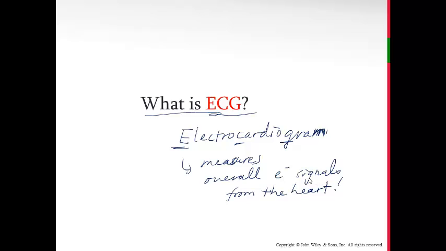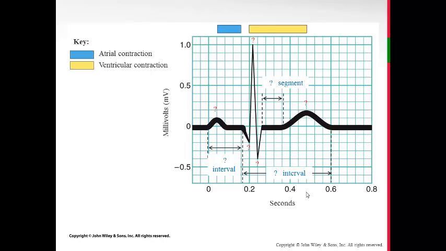So when we take a look at what an ECG looks like, hopefully yours will look like this as well. Same thing on the side, it's measuring the millivolts, your changes in your overall membrane potentials, and here it's recording the seconds. So let's go through some of these peaks and waves.